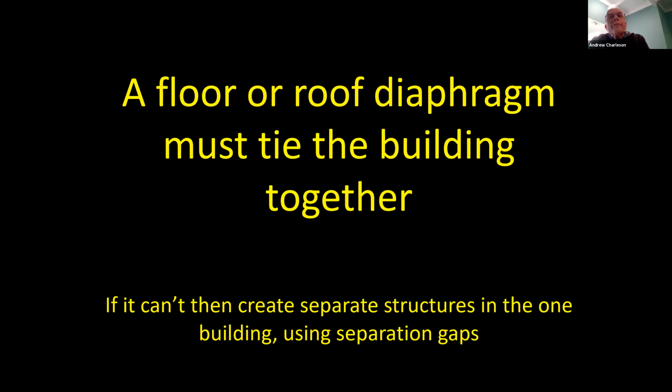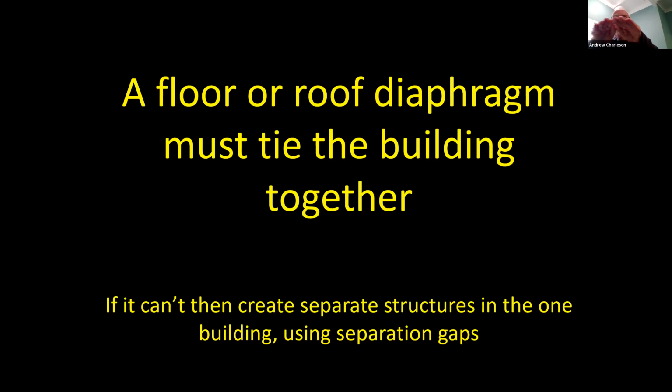The other way of thinking about your floor slabs or diaphragms is to think of them as they must tie your building together. You don't want your building falling apart during an earthquake. You want it to be tied together and move so that each floor moves together.